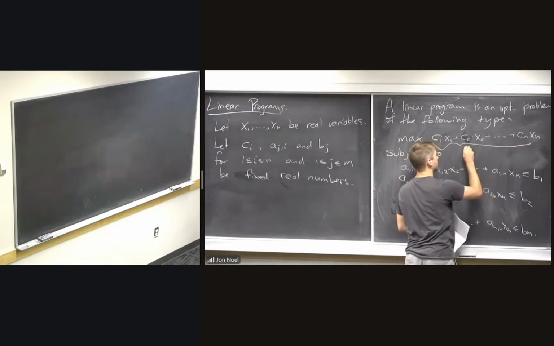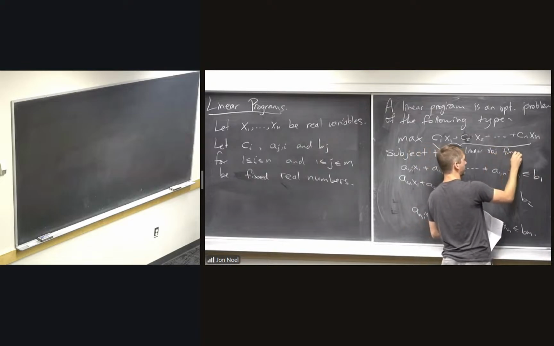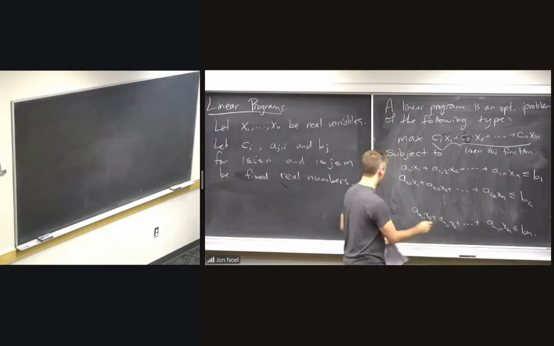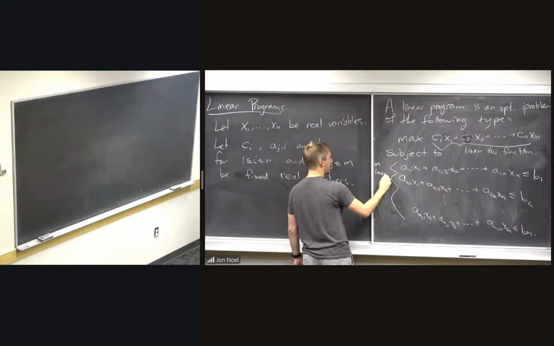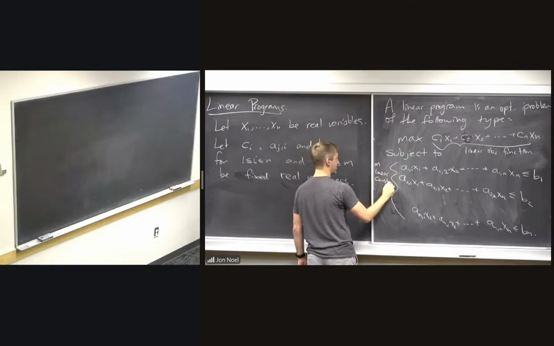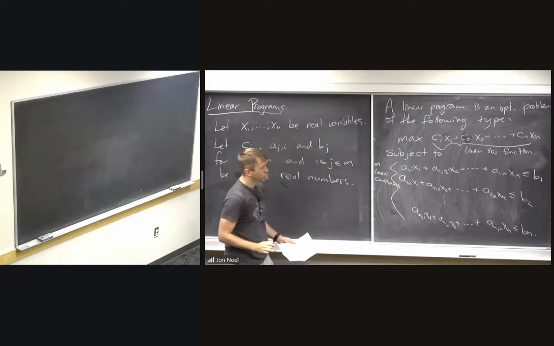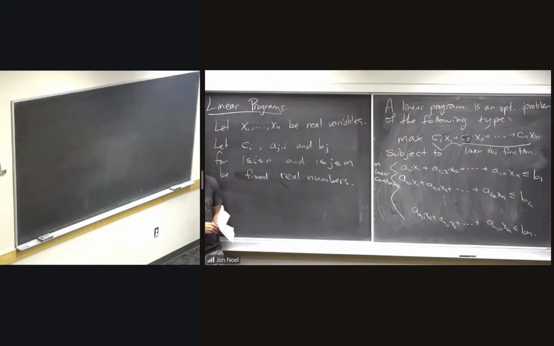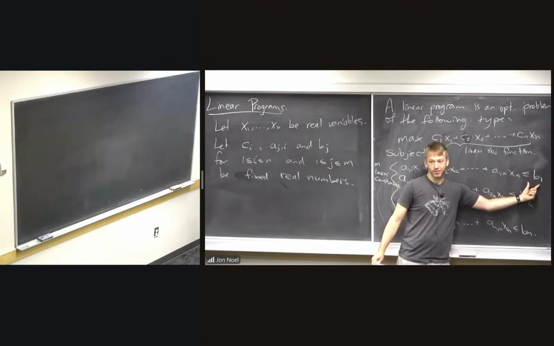So it's a linear objective function, subject to m linear constraints. When I say linear objective function, you're not allowed to have something like x2 squared. That's not linear. You need just a linear function of the variables. And each of these is saying some linear function of the variables is at most some number.